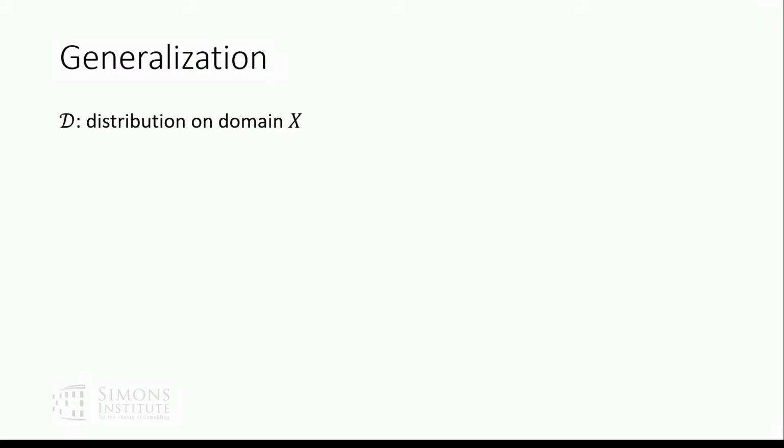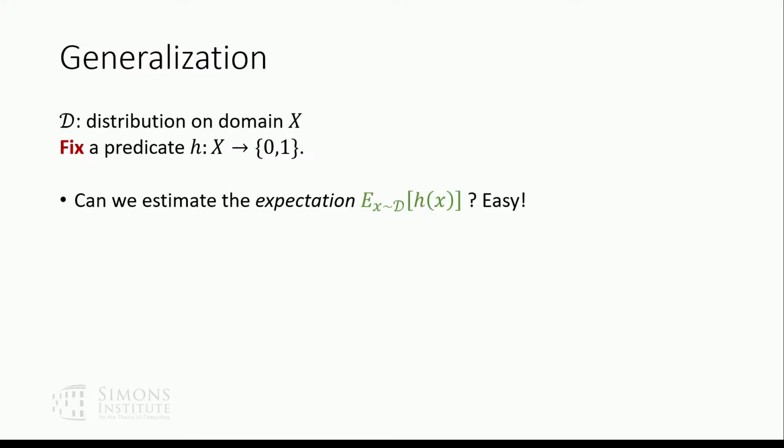To talk about it, I need to start with a warm up. Let's say that D is some distribution over some domain X, and I fix some predicate H that maps X to 0 or 1. If you want to estimate the expectation of this thing, the fraction of x from this distribution that give 1 to H, that's easy.